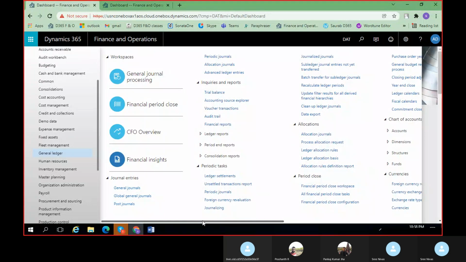But after 2 or 3 weeks, once we complete the general ledger process, you should be able to explain it to others. Even though you might know the purpose of the configuration, the way you explain it to the client is going to be very important.